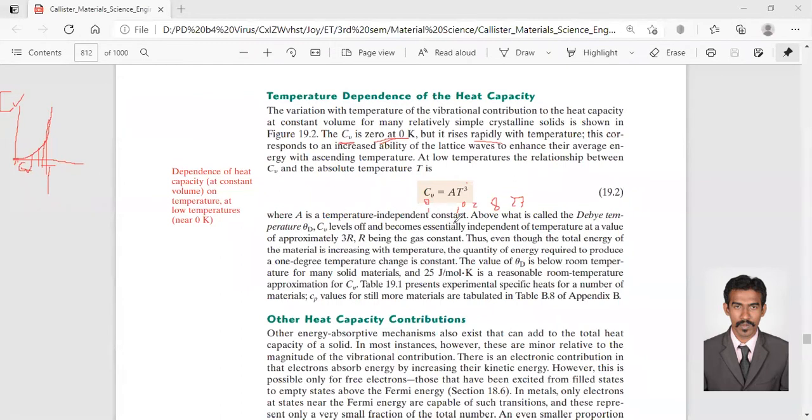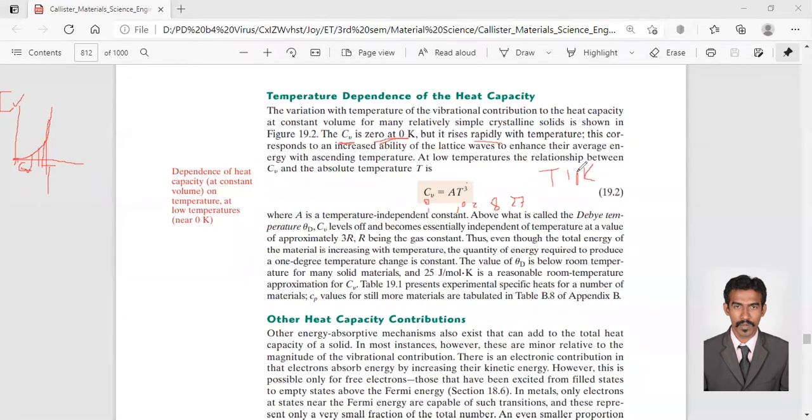Here A is a temperature-independent constant, which does not have anything to do with the temperature. So this is the dependence of heat capacity at constant volume on temperature at low temperature near 0 Kelvin. It will start at 0, 1 and end up at 8, 27, 64. Just imagine if you increase the temperature from 0 to 10, a difference of just 10 Kelvin.